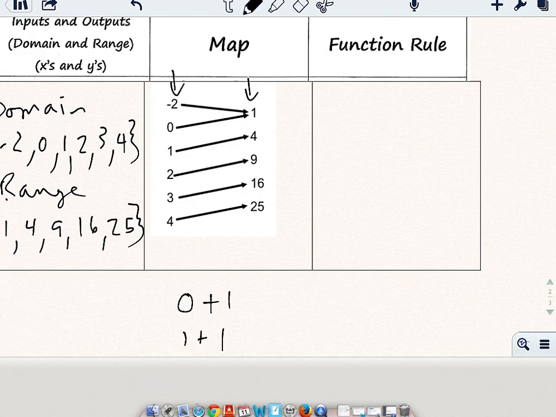However, I'm noticing a pattern here. These are all square numbers. 1, 4, 9, 16, and 25 are all perfect squares.